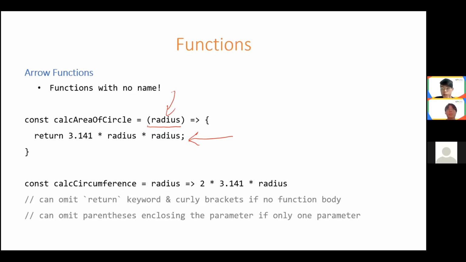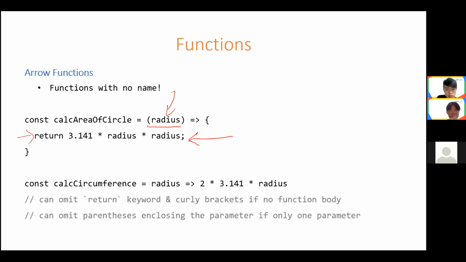When there is no function body and only a return value, the arrow function syntax allows you to omit the return keyword as well as the curly braces surrounding the body. So you can simplify these smaller functions into a one-liner statement.